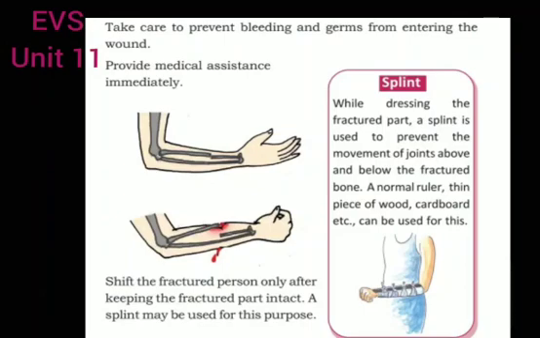It is called a joint. To prevent movement of the joint above and below the fractured bone, we use a splint. We can make a splint using a normal ruler or a thin piece of wood and cardboard. You can use any of these.